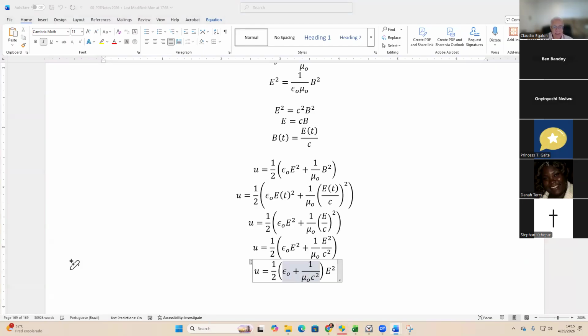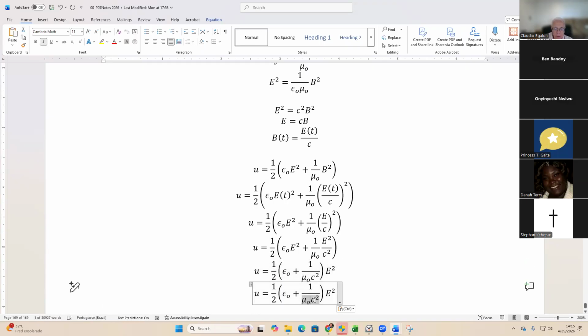Can we do better than that? Well, remember that 1 divided by c squared is epsilon naught, mu naught. So let me write that down separately here. C squared is 1 over mu naught epsilon naught, like that.